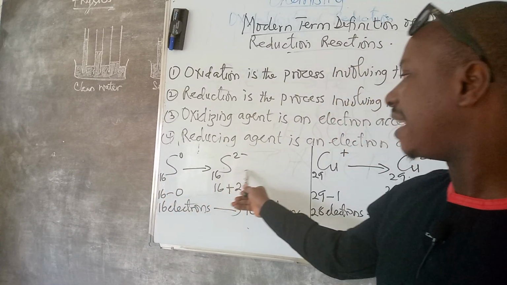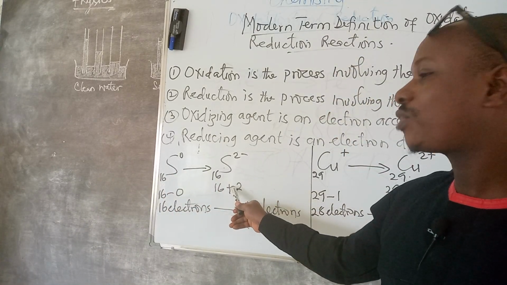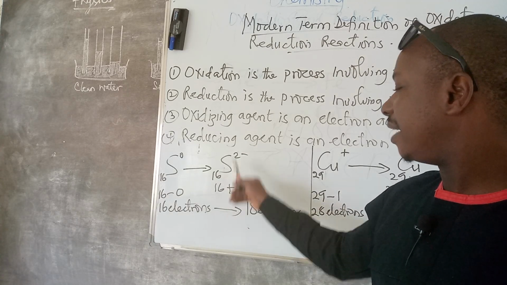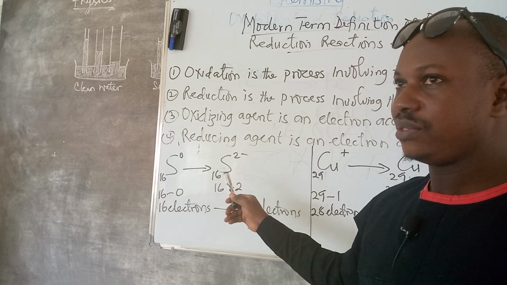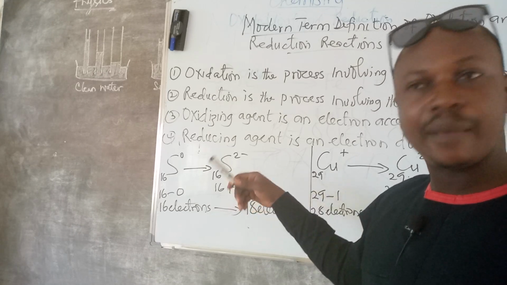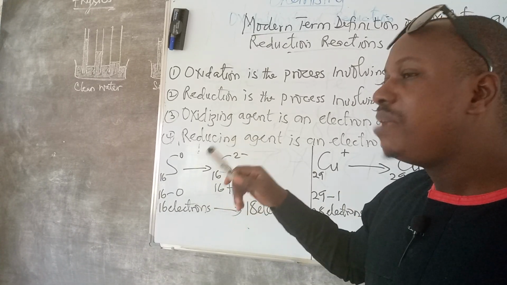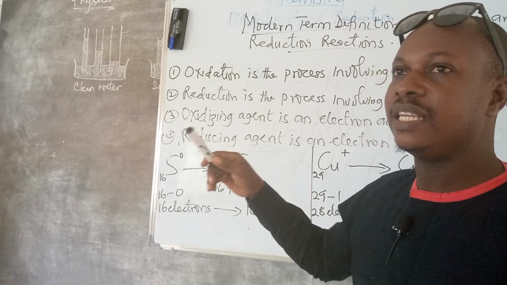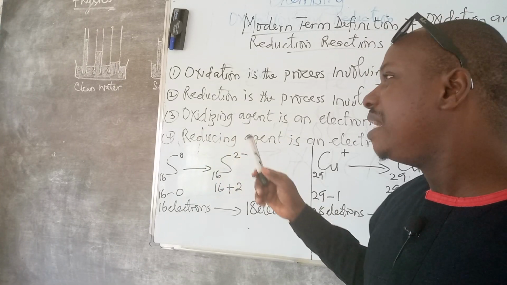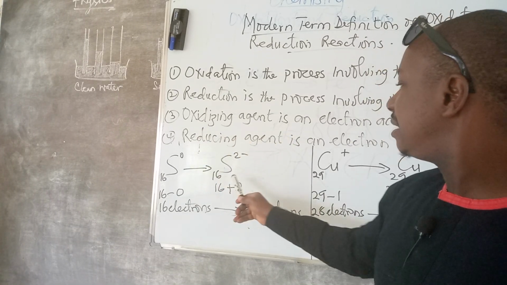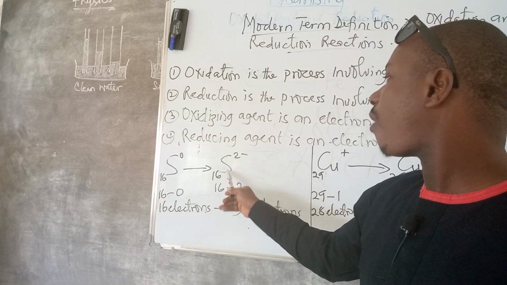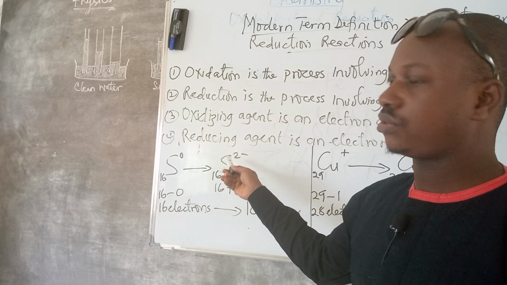Now, going to the sulfide ion, if you watch what I did before, in that ion, I did minus. But in chemistry, a positive ion means losing and a negative ion means accepting, which means this minus 2 means that sulfur has accepted 2 electrons.